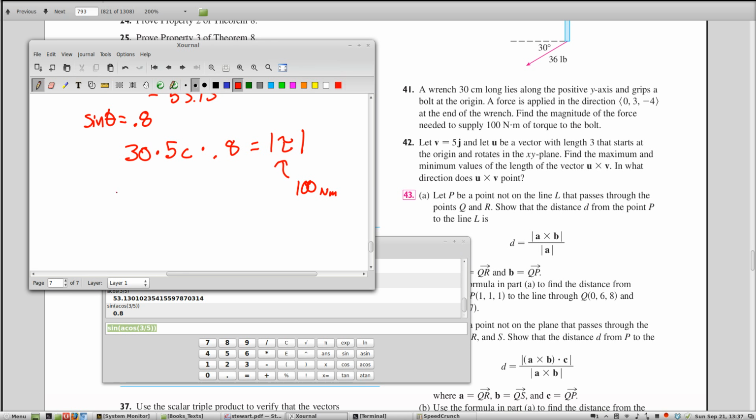So we've got 0.3 meters times 0.05 meters times c times the dimensionless quantity 0.8 is equal to 100, and now you just solve for c and that's it. That's an interesting problem.